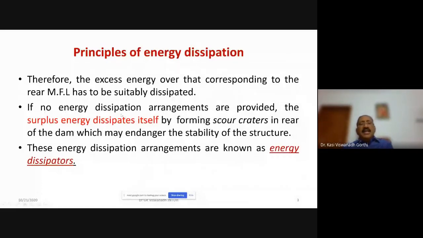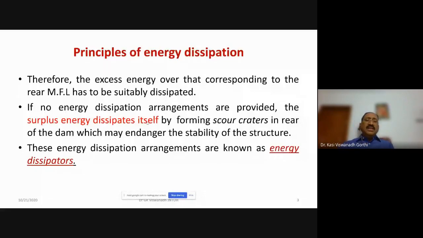If no energy dissipation arrangements are provided, the surplus energy dissipates itself by forming scour craters in the rear of the dam, which may endanger the stability of the structure. Sometimes the spillway, and hence the dam, may also become unstable because of the high pressure and the thrust created by the falling water from upstream to the downstream portion.